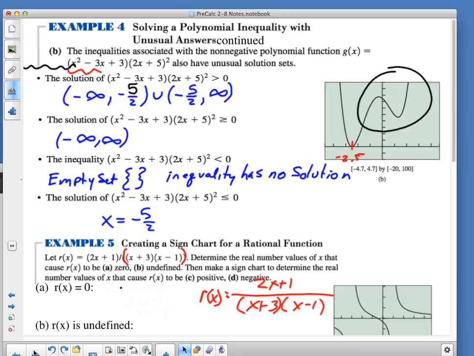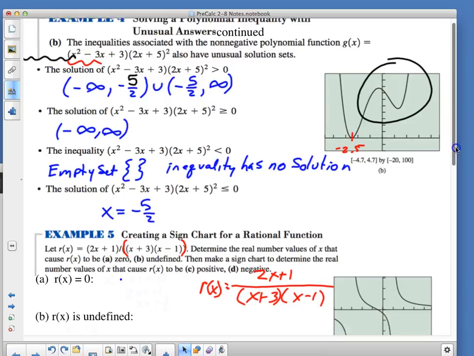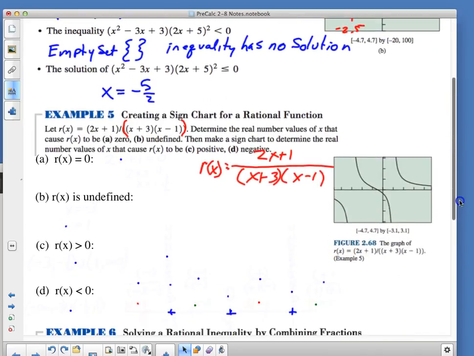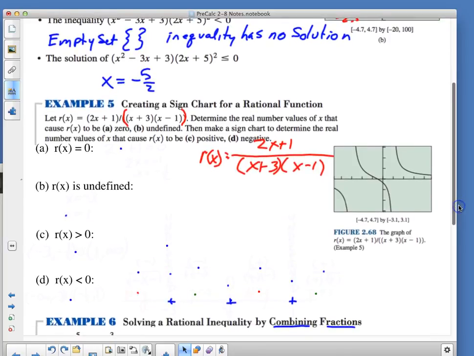Okay? So make sure you start recognizing what the graph is giving you and what the sign chart is giving you, and know how to read both, more importantly set up. I'm a little concerned about this next one. If you put this in your calculator the way it writes, it'll be 2x plus 1 times the quantity x minus 1.